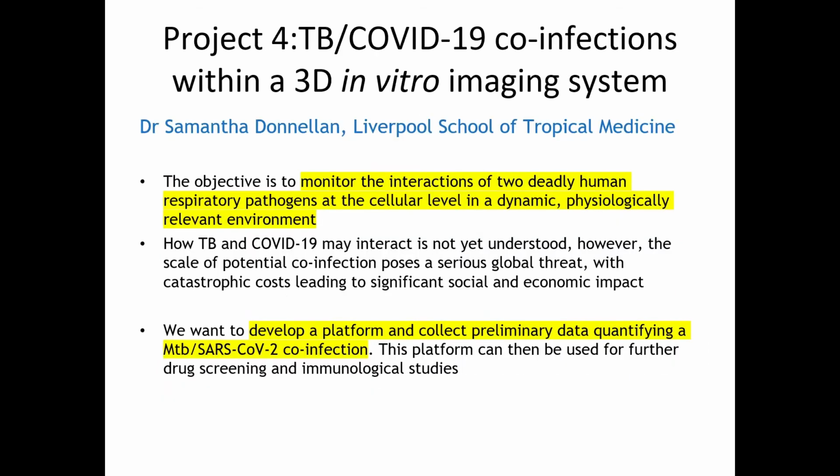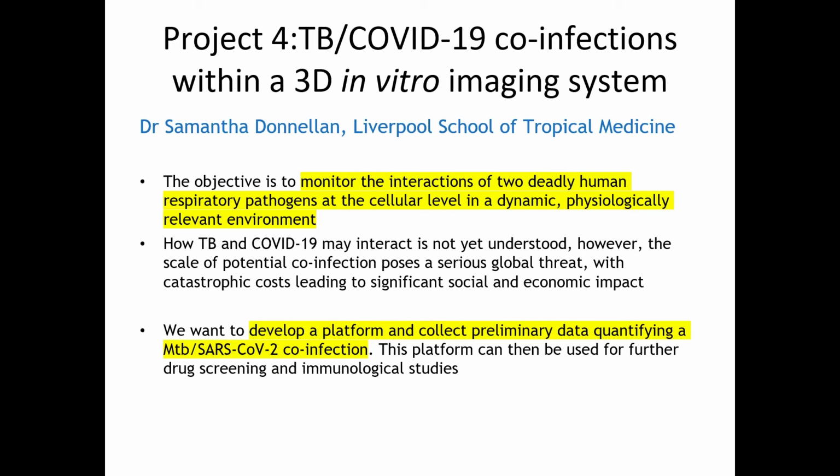Final project: this is from Liverpool School of Tropical Medicine, and Samantha Donnellan is the principal investigator on that one. Again, this is moving to a more complicated model with two diseases, two human respiratory pathogens, both affecting the lung. That's tuberculosis and COVID.